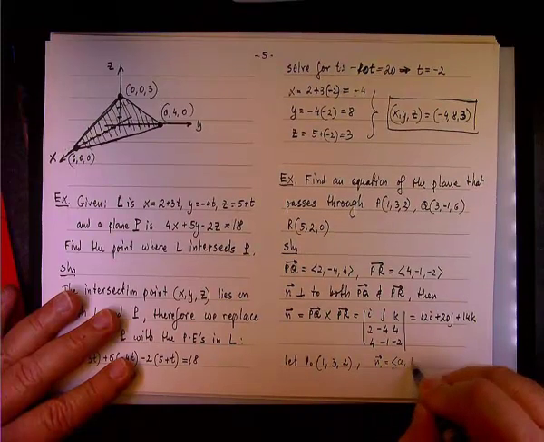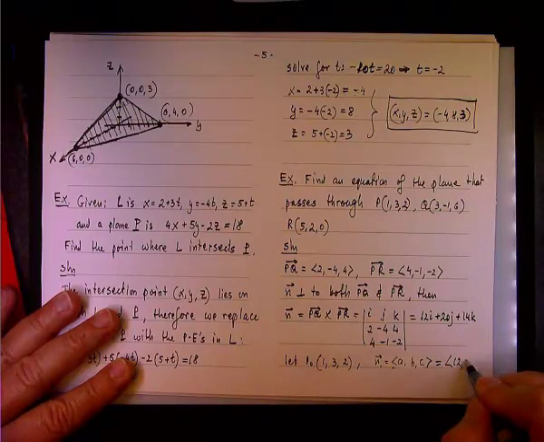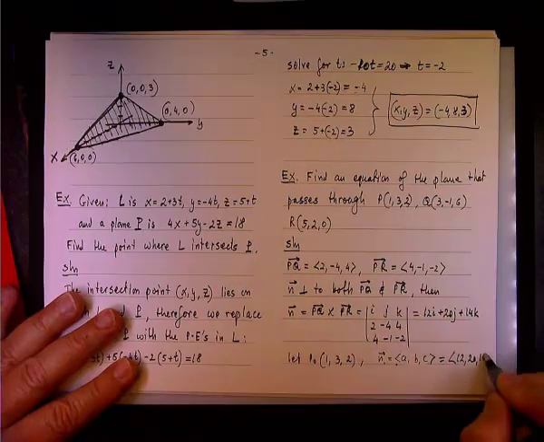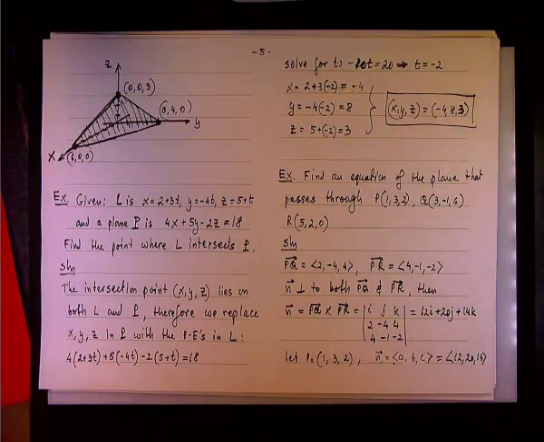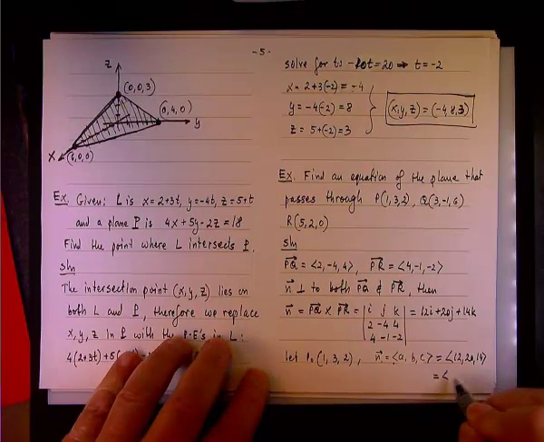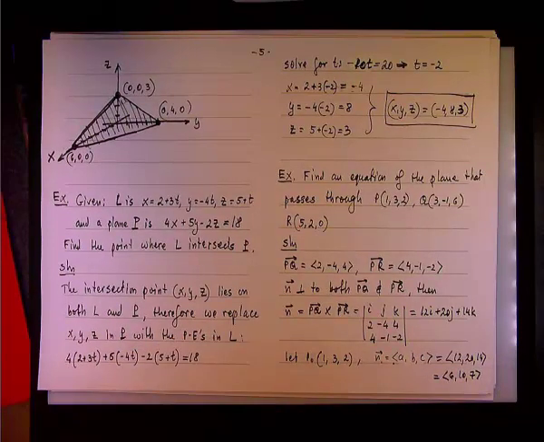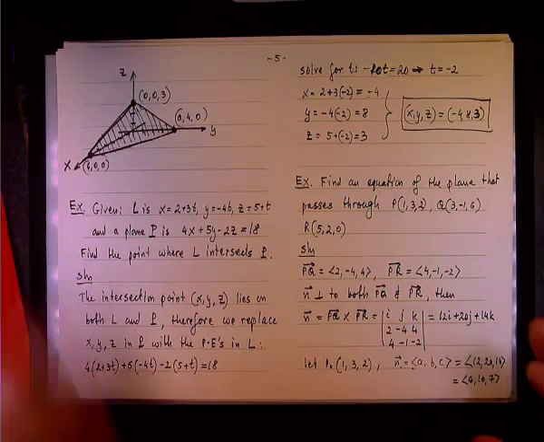Okay? So we're going to let a point, P sub 0. I can choose any of the 3 points. I'll choose the first one, the point 1, 3, 2. And we know the normal, let's write it properly, n with direction numbers A, B, C, using vector component notation, 12, 20, and 14.